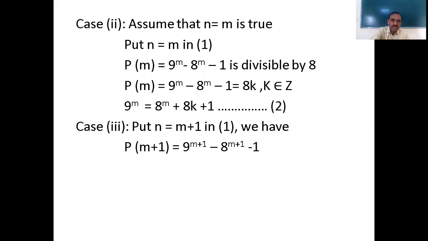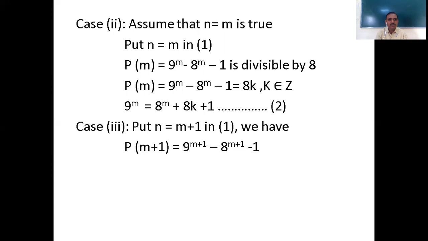Next, for case 2, assume that n equal to m is true. Put n equal to m in 1. P of m equal to 9 raised to m minus 8 raised to m minus 1 is divisible by 8.